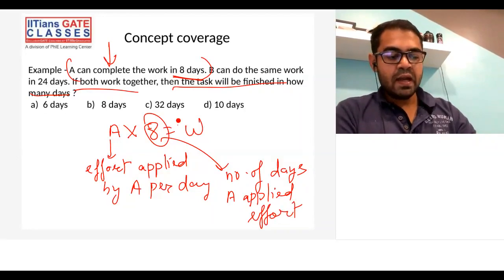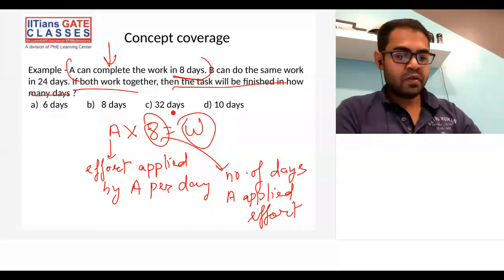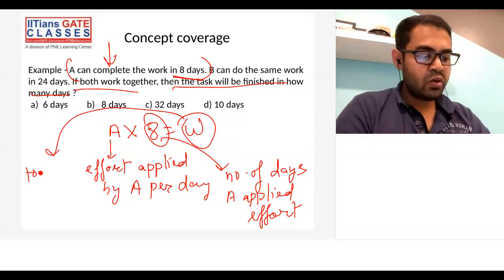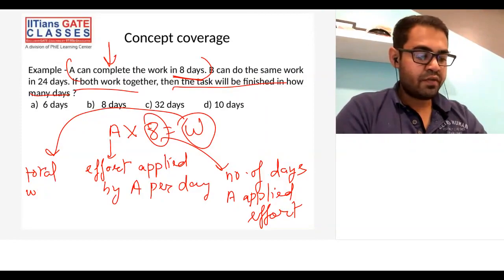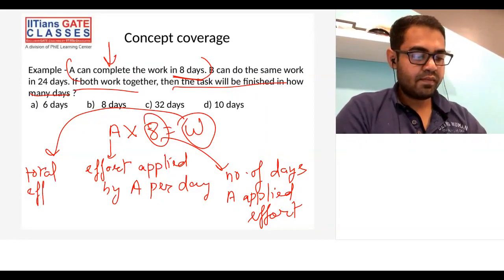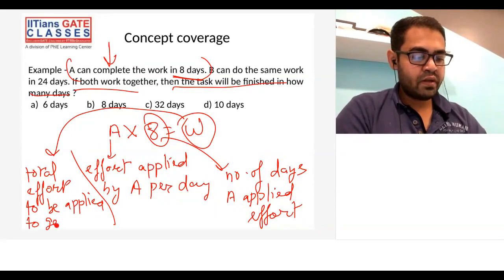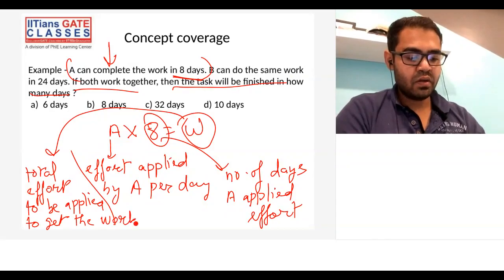And W is the total effort to be applied to get the work done.